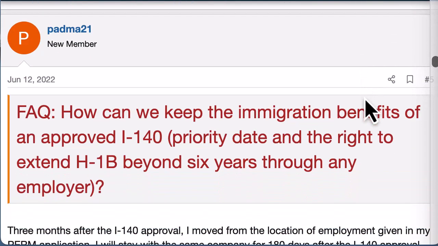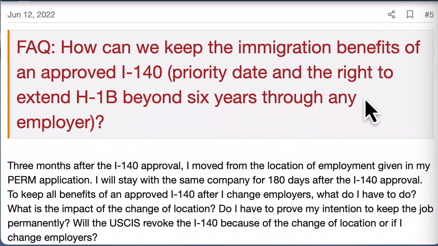Next frequently asked question: how can we keep the immigration benefits of an approved I-140, which is the priority date and the right to extend H-1B beyond 6 years through any employer. This is the way the law was written, and this law became effective on January 17th, 2017. The moment your I-140 is approved, your priority date is yours to keep.